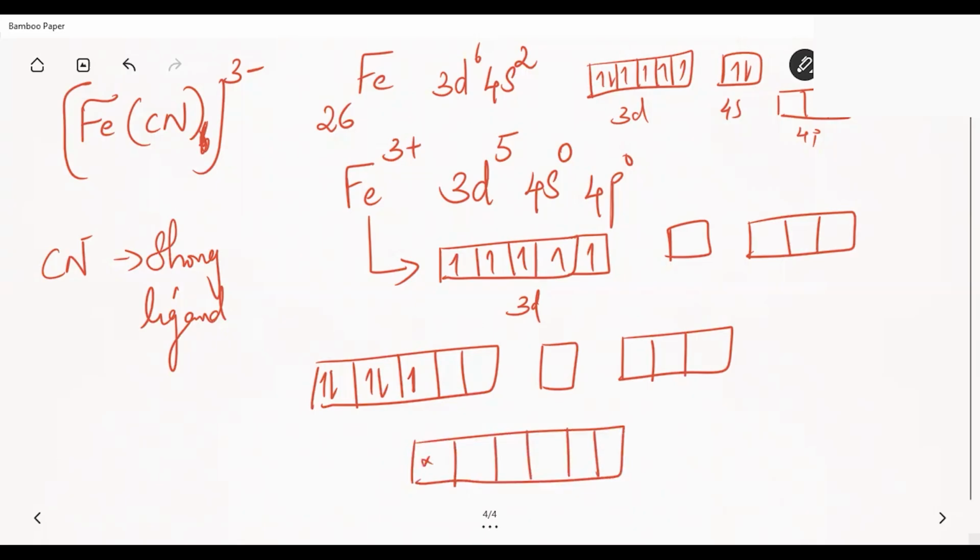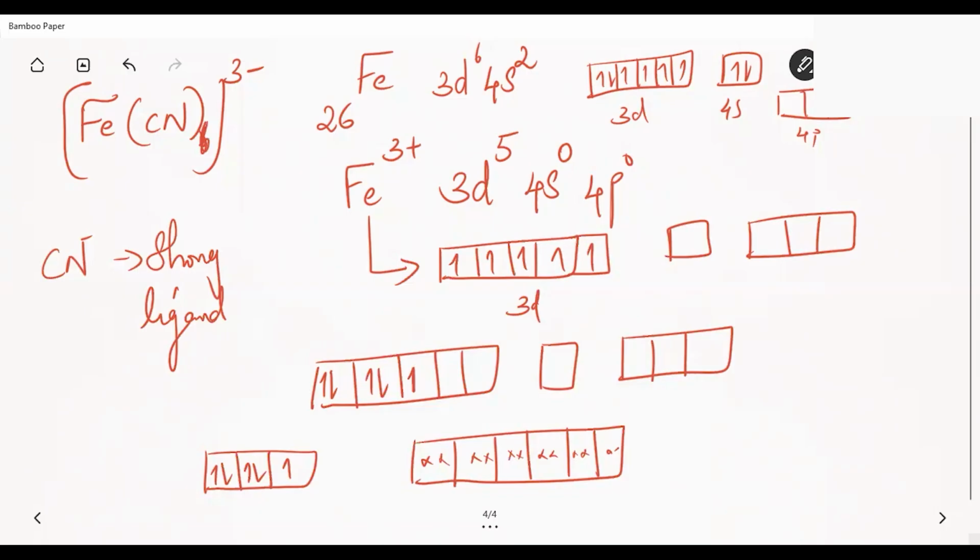Cyanide will come and sit in these hybrid orbitals, forming this complex.